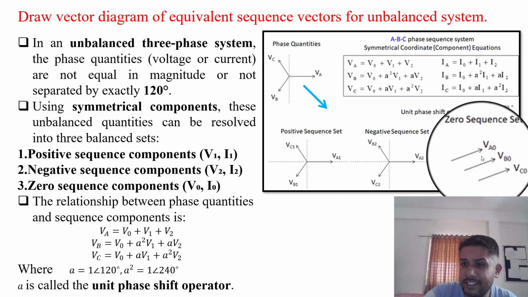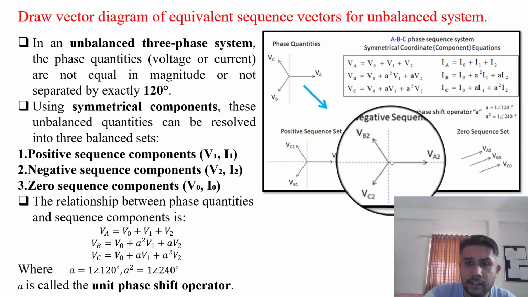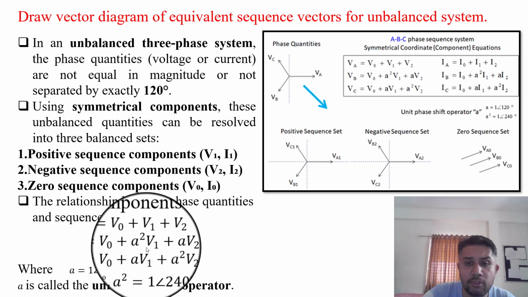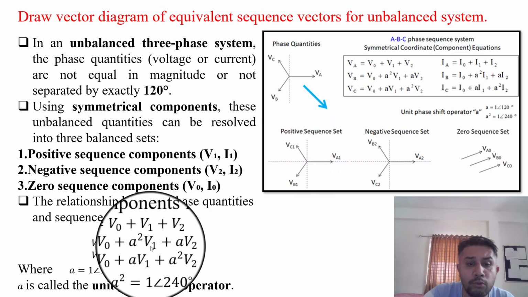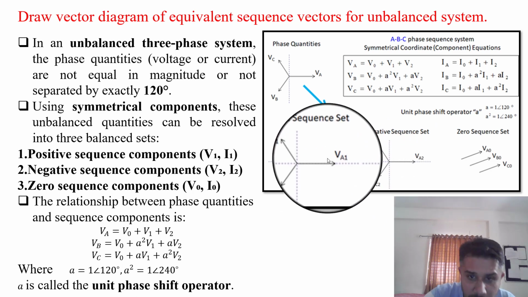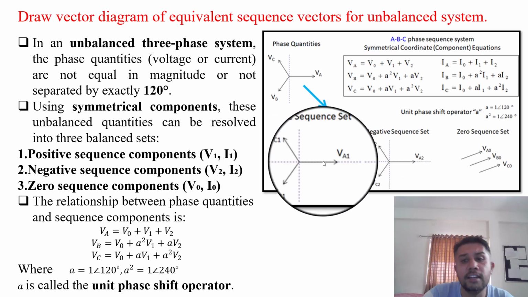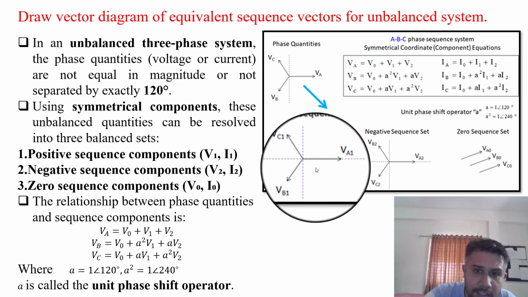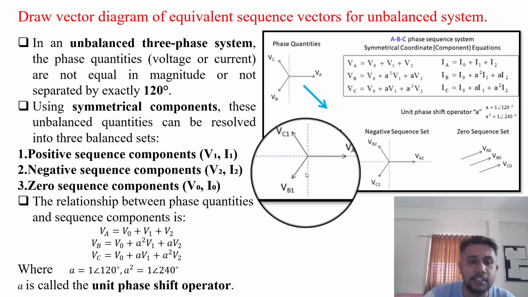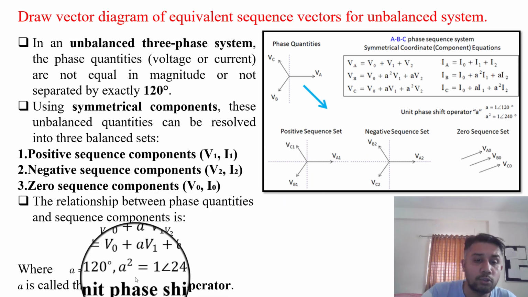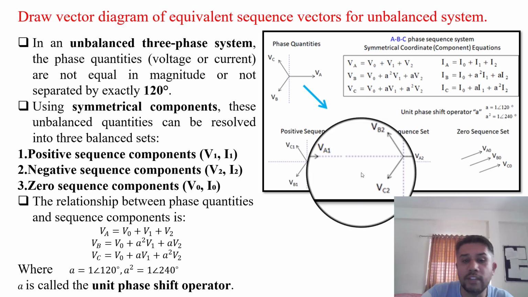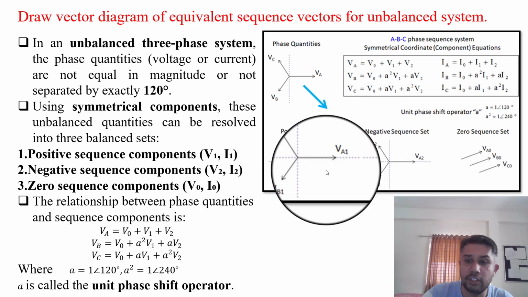Here both are the same in magnitude, and now VB1 here is 120 or say 240 degrees apart from this. So if we consider VA1 as a reference, it is 240 degrees like this and 120 degrees here like this. So it is 240, so A square V1, and here it is AV2, that is 120 degrees apart for the negative sequence.